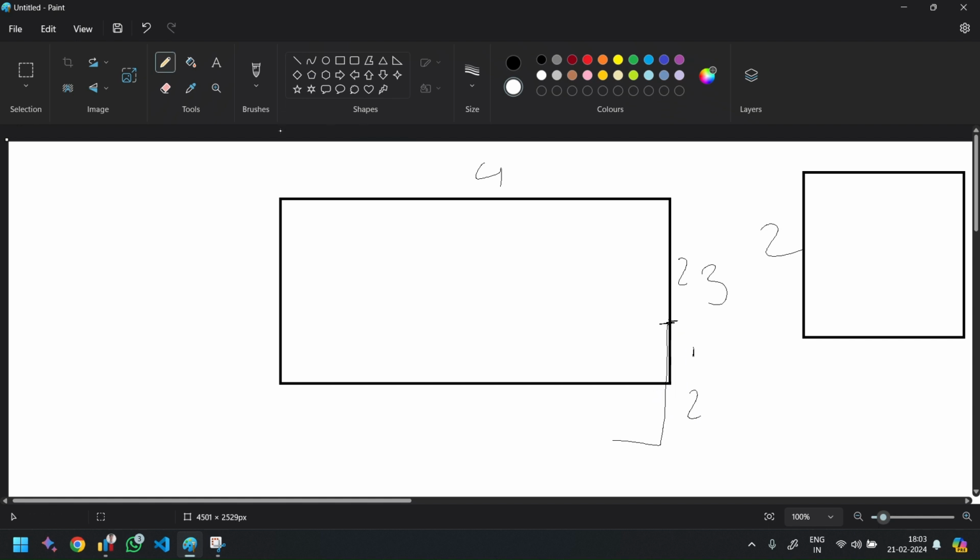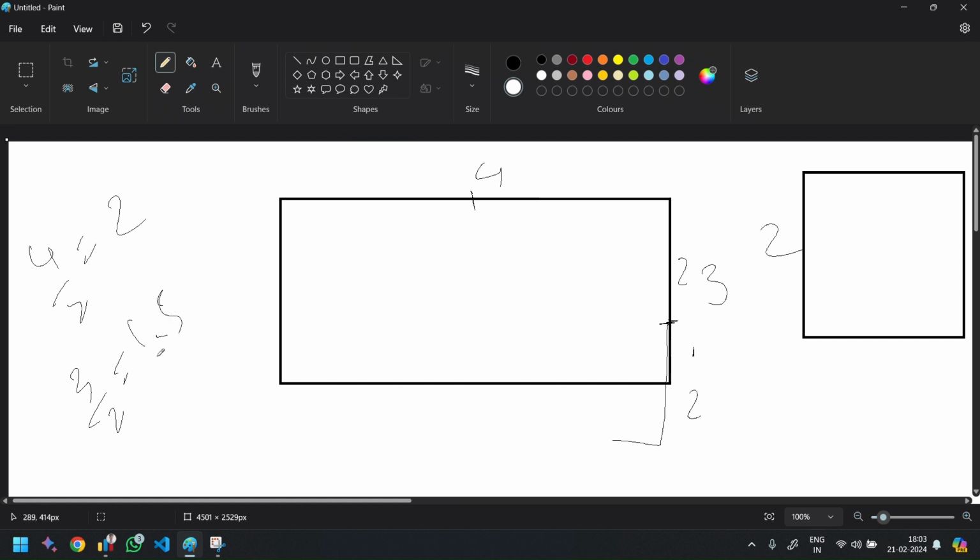So if we divide horizontally, 4 divided by 2, we have 2. So horizontally we need 2 squares, one here and one here. But vertically, how to find? Suppose we do 3 divided by 2, which is 1.5.